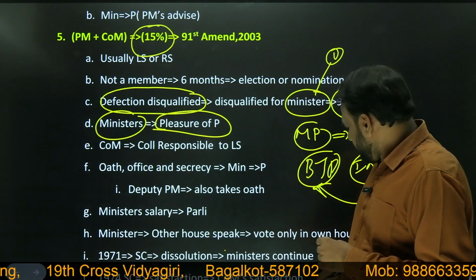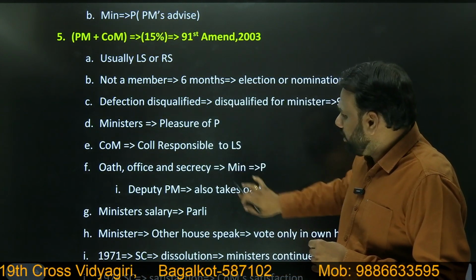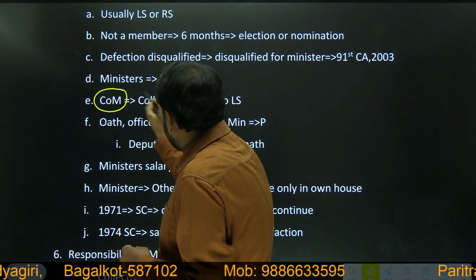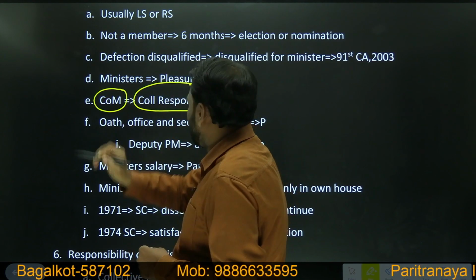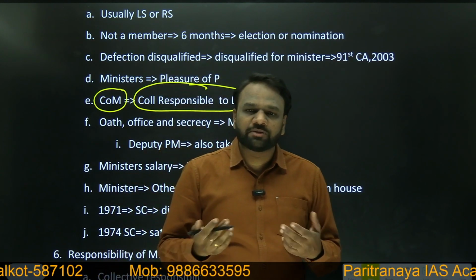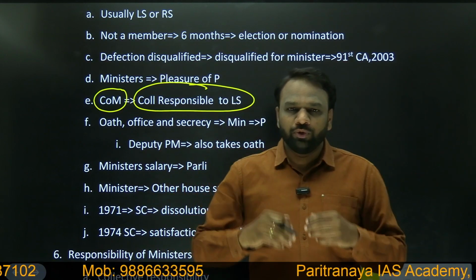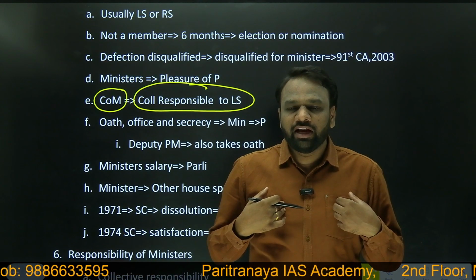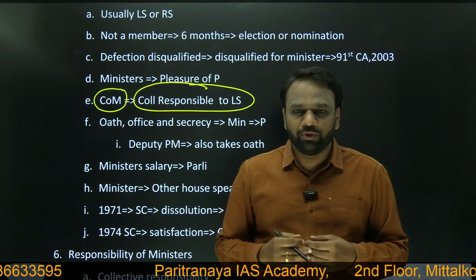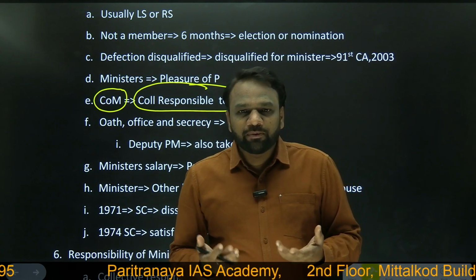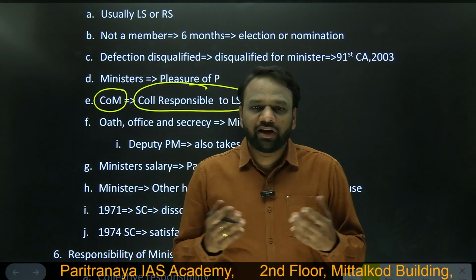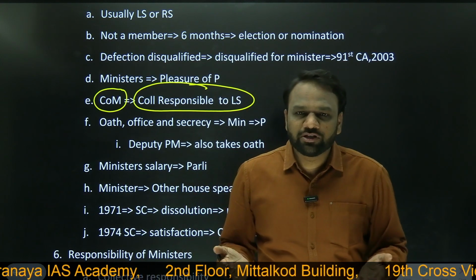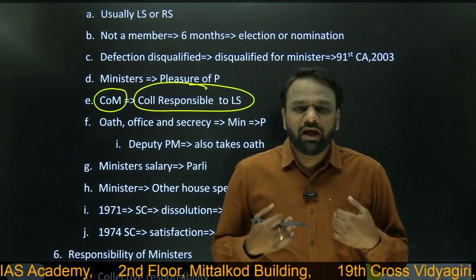Next, we have already seen that the Council of Ministers is collectively responsible to Lok Sabha. What do we understand by responsibility? If I am responsible to you, then if I commit some mistakes, I am answerable to you. Similarly, our Lok Sabha MPs and Rajya Sabha MPs are responsible to common people, because the common people have elected them.